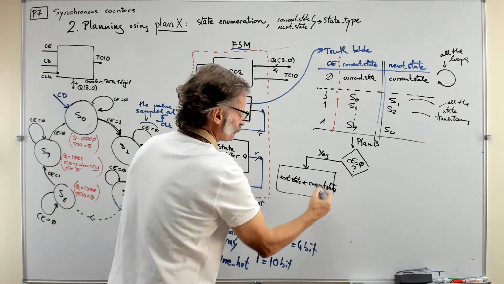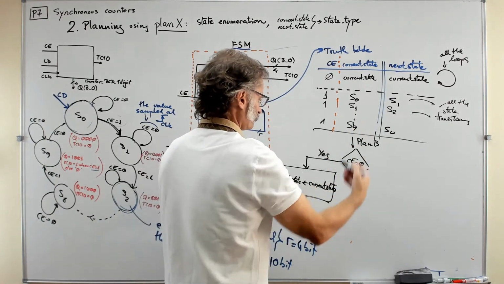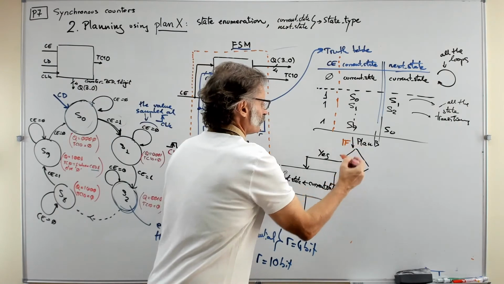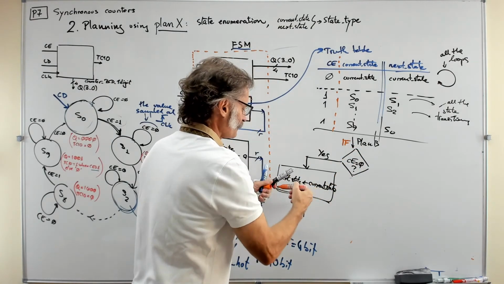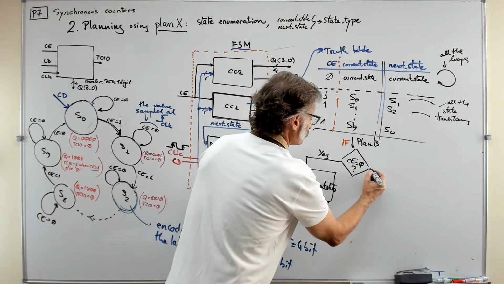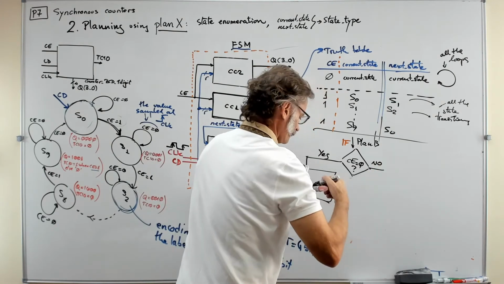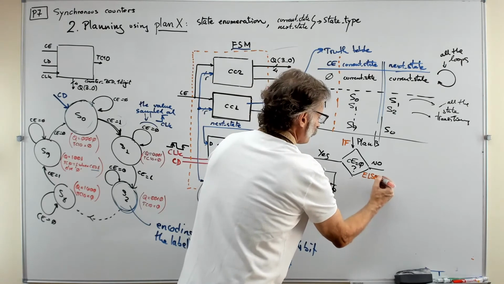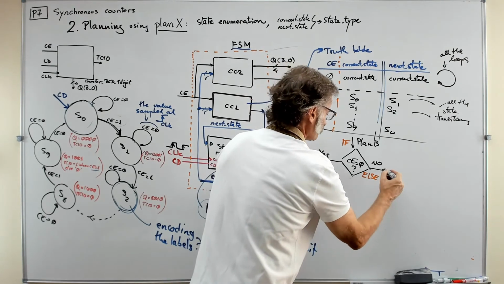And that happens for all of them. So this is a kind of a general if. So, if yes, you do that. But if no, this is a kind of an else later in VHDL.